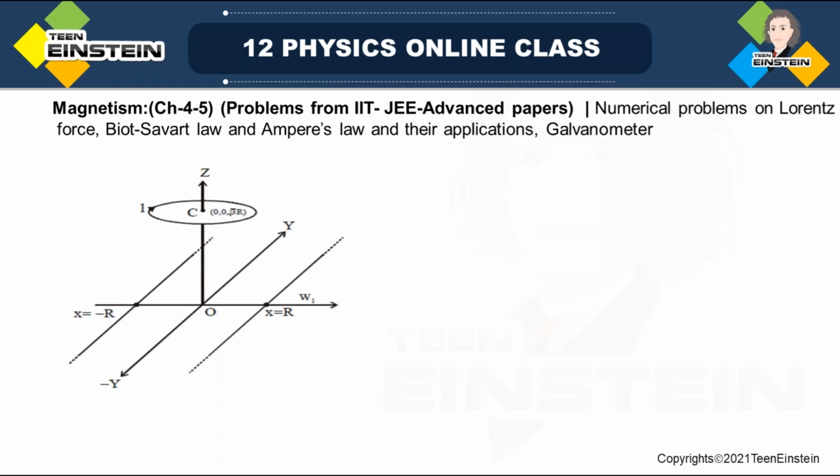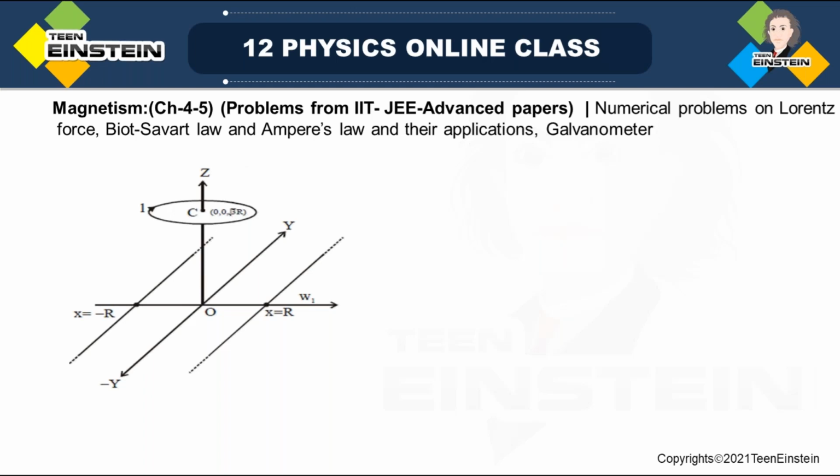Now the loop carries a constant current I, whereas these two wires are carrying different currents, I1 and I2. So this is I2 and this is carrying current I1. The current in the wire is taken to be positive if it is in the positive j direction. Which of the following statements?